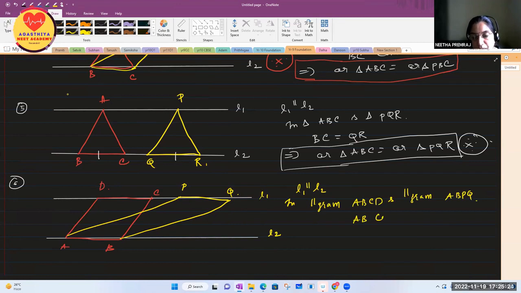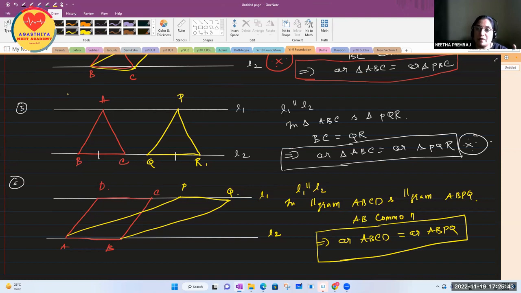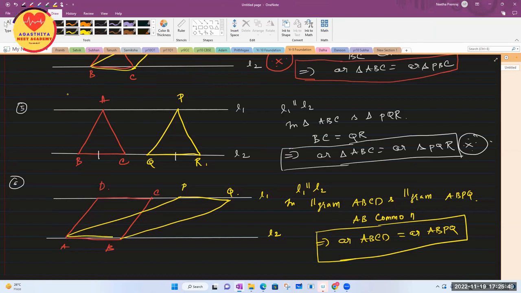So which implies area of ABCD is equal to area of ABPQ. What I'm coming to say is, between parallels, two parallelograms lying having the same base, then areas are equal. You got it, guys? Do you understand? That's it. Make a note of it.